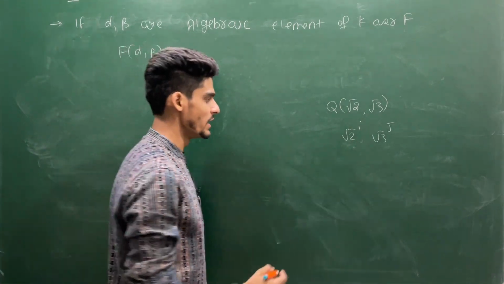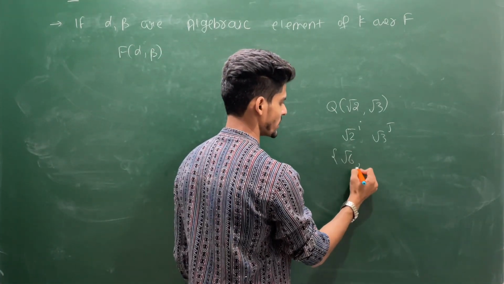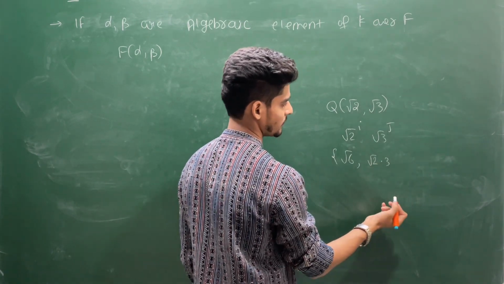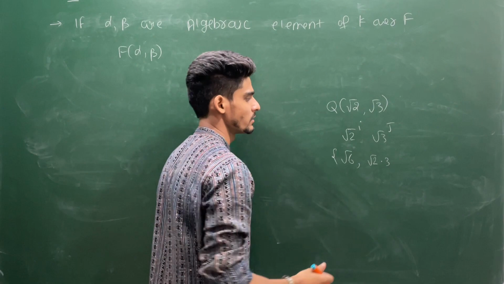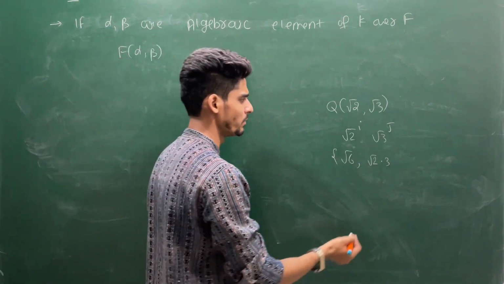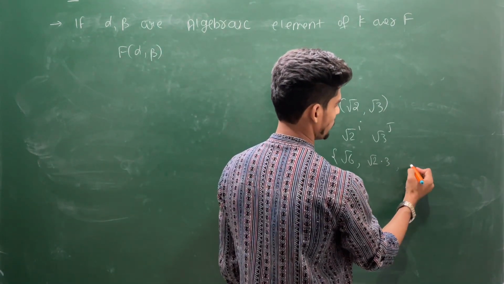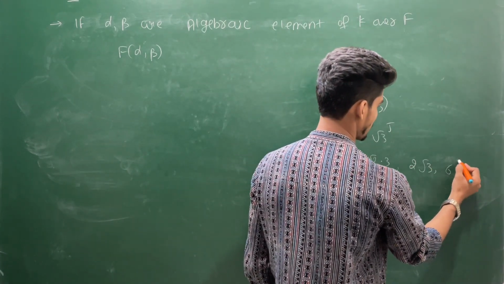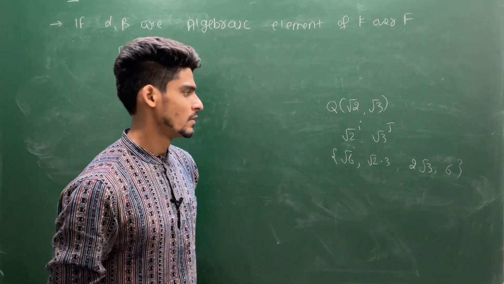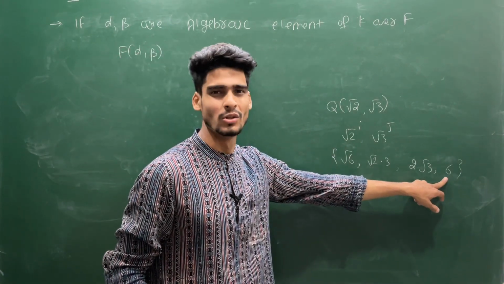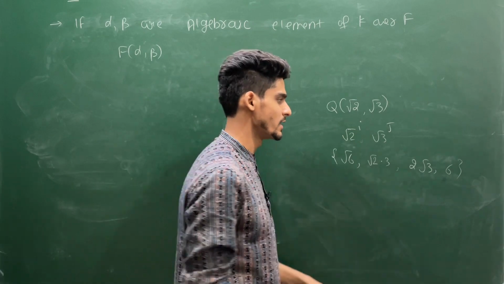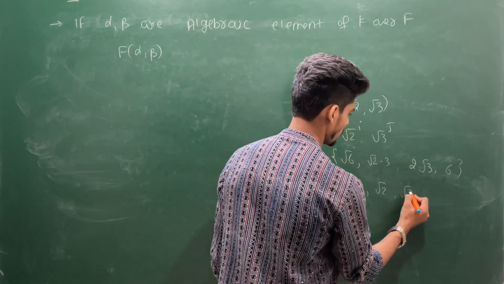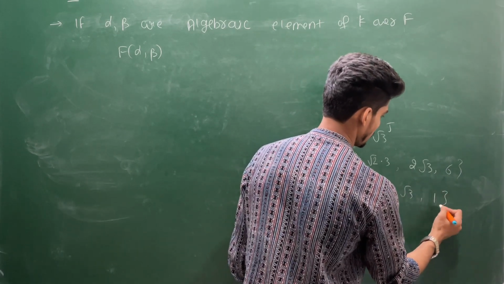Because if you take this combination, the first element will be root 6, the second element will be root 2 times 3. But 3 will not affect us, okay, you can take it, no problem. Then you can take 2 times root 3, then you can take 6. But this 6, there is no need to write this 6. You can write in this manner also: root 6, root 2, root 3 and the singleton 1.